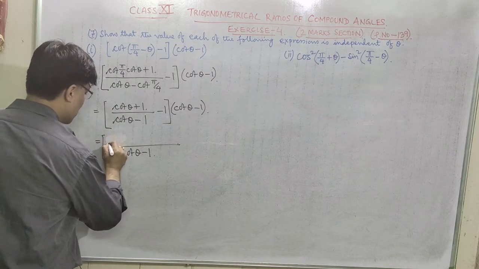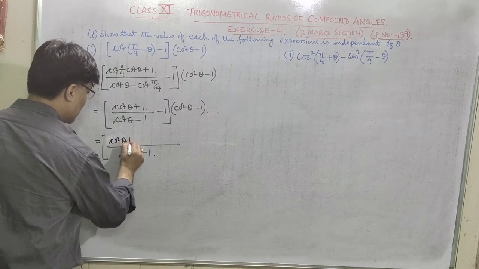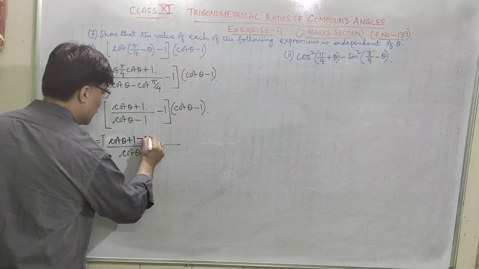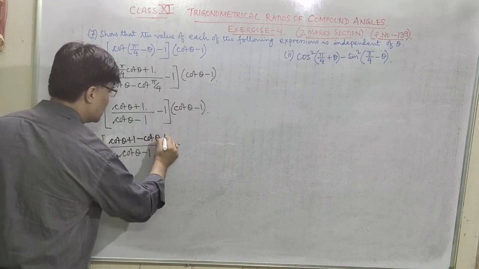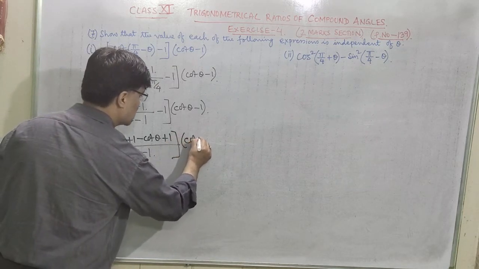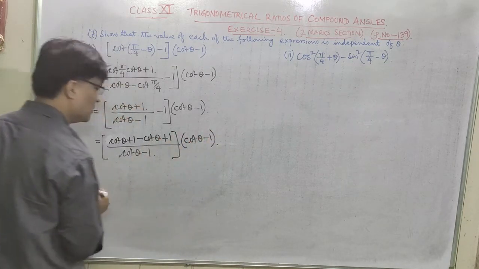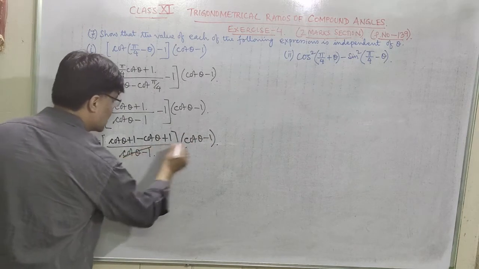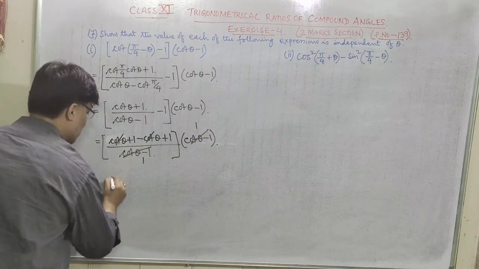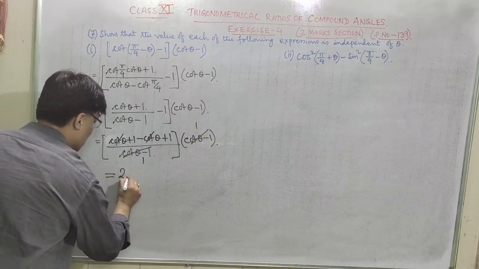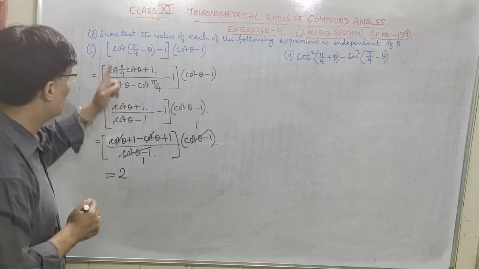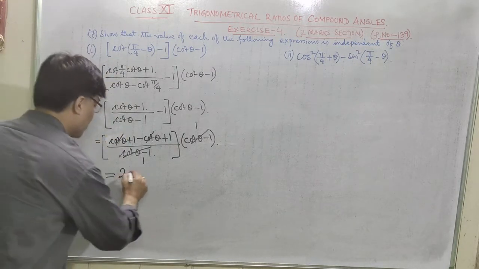This is your cot theta plus 1 minus, let us multiply it, minus 1 into cot theta minus cot theta, minus into minus plus 1, third bracket is closed, into cot theta minus 1. Okay, so from here you can cancel this cot theta minus 1, that is your 1, and here cot theta gets cancelled, which is equal to, what is the answer? The value of this expression is 2. So which is independent of theta?